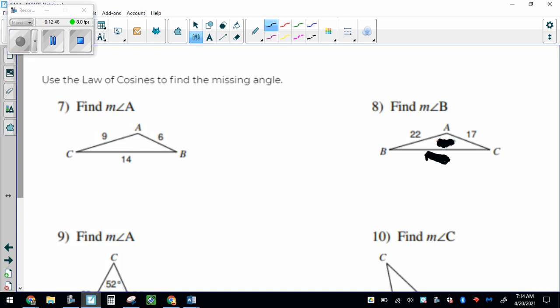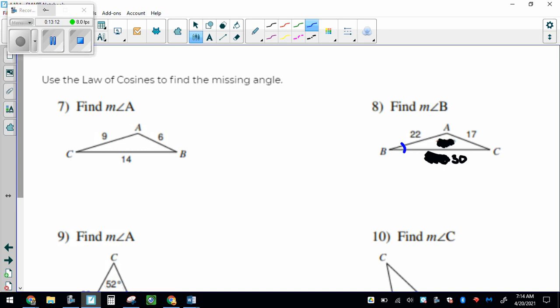I am all messed up today. Please make BC, this side length, be 30. That angle does work, but that's not going to help us with the law of cosines. So AB is 22, AC is 17, BC is 30. Please fix that on your notes. I apologize. All right, and this one asked us to find the measure of angle B.